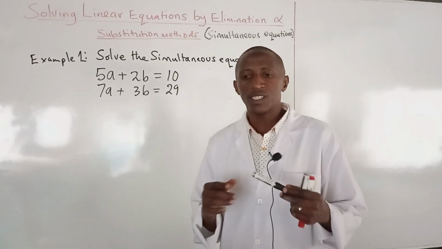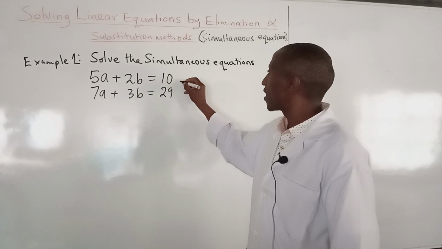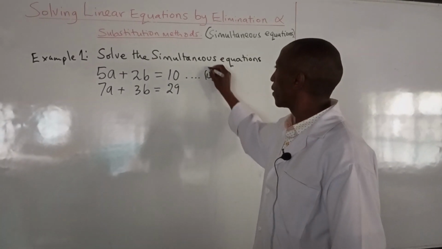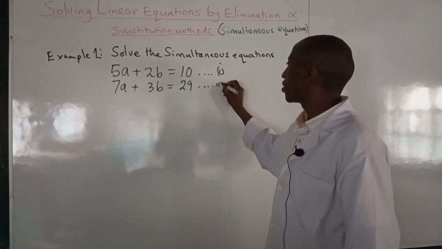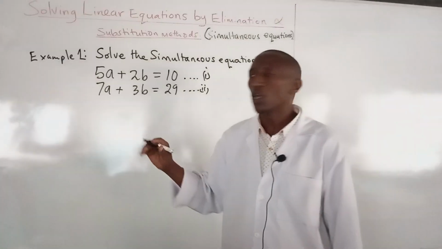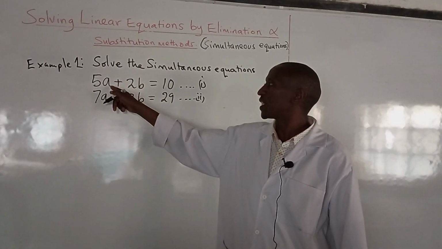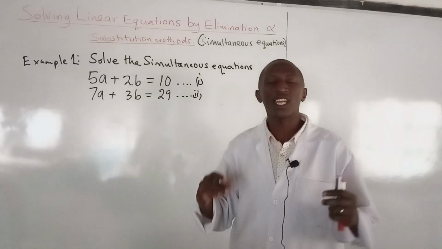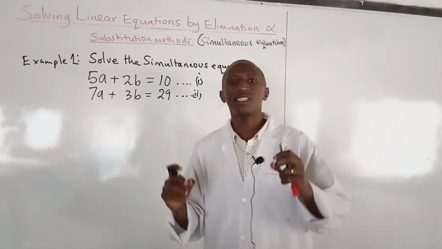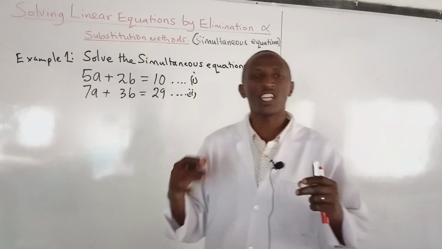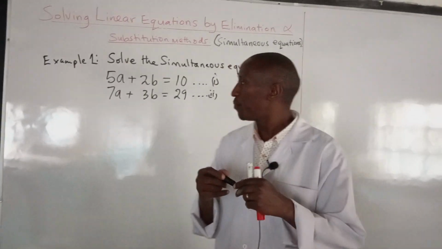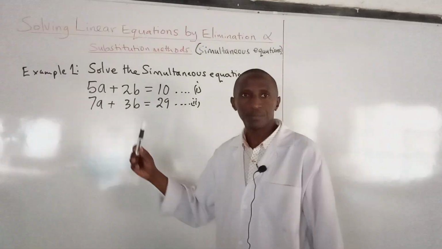The best way to do it is to label this as equation 1 and this as equation 2. Then we select which of these two unknowns, is it a or b, that we would like to eliminate. Eliminate, from the English word, means to get rid of. So we may choose either.